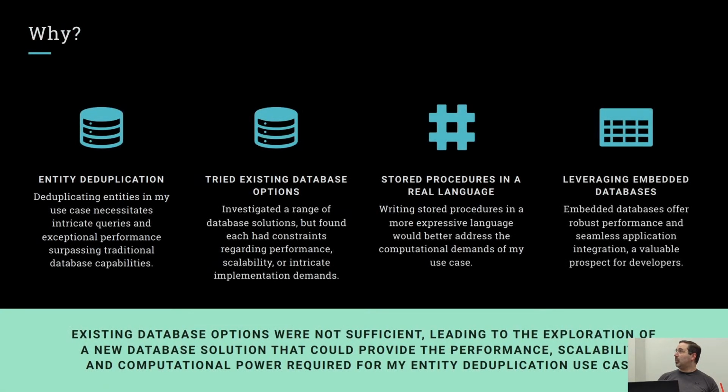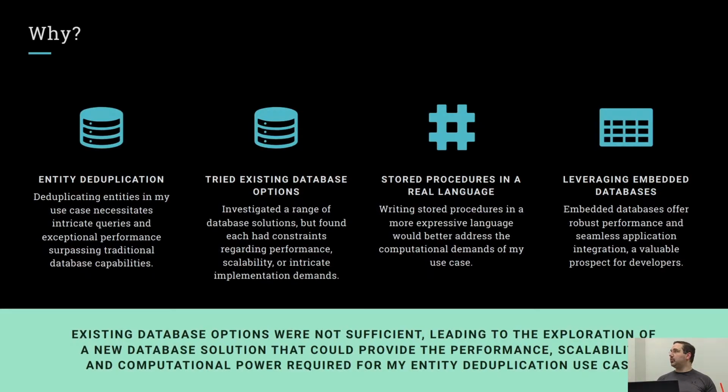Now, why? I was building a platform for entity deduplication. So the fuzzy matching of names and addresses and phone numbers and email addresses and all that mess to try to say is person A the same as person B. It's a fuzzy, nasty, complex problem, and I have millions and millions of records that I have to do this for.